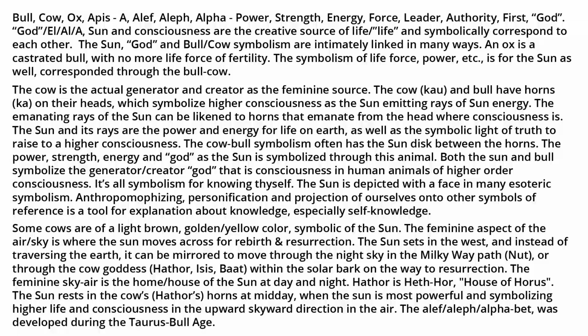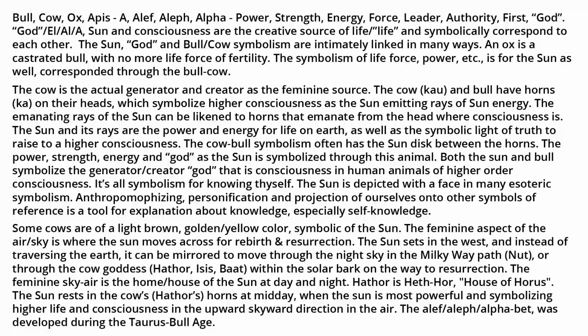So force and power, strength, energy, leader, authority, first, that is all associated with God. That's why the Aleph, the word for a God, El, Al, comes from Aleph, from the letter A. The first letter in the alphabet.